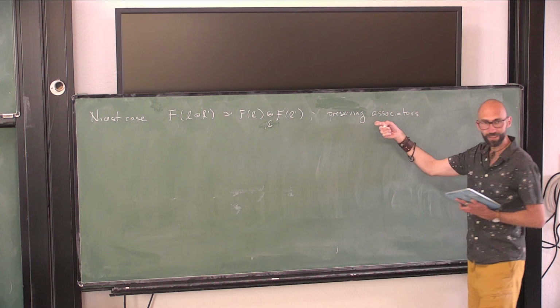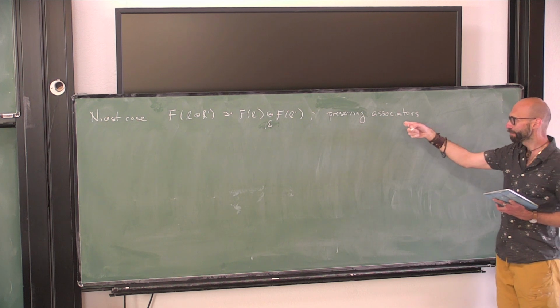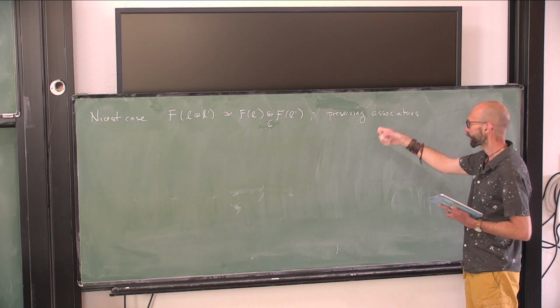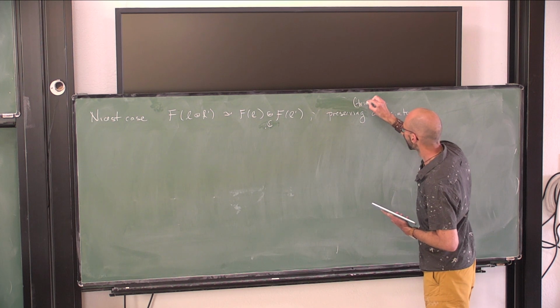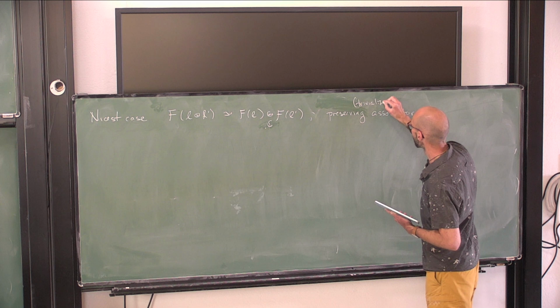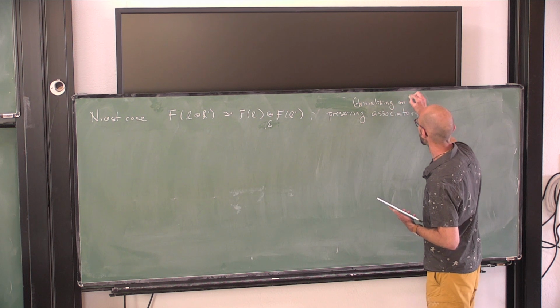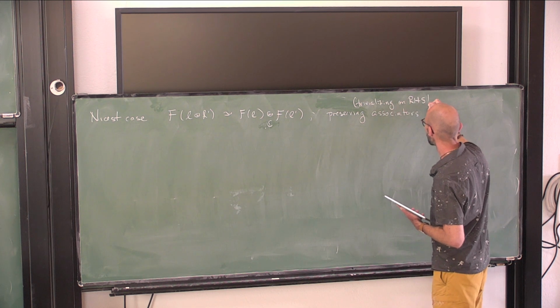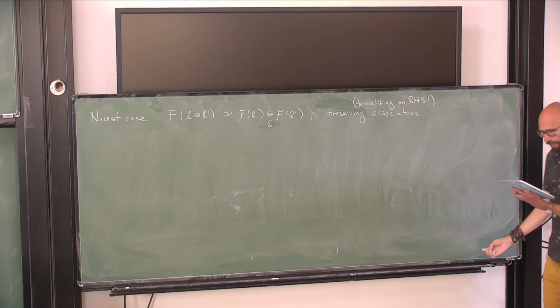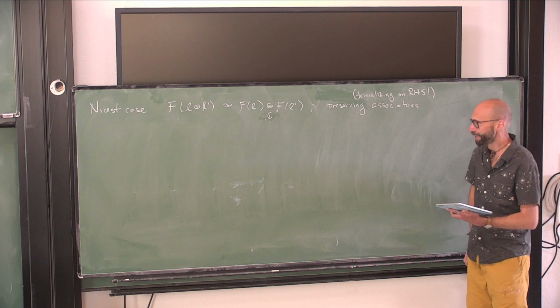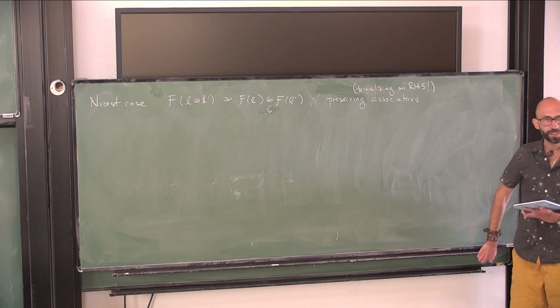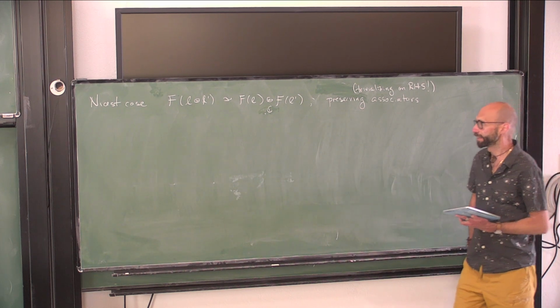In Vect, associators are trivial, so what I really mean by preserving associators is trivializing associators. And at this category level, isomorphisms are not just equalities.